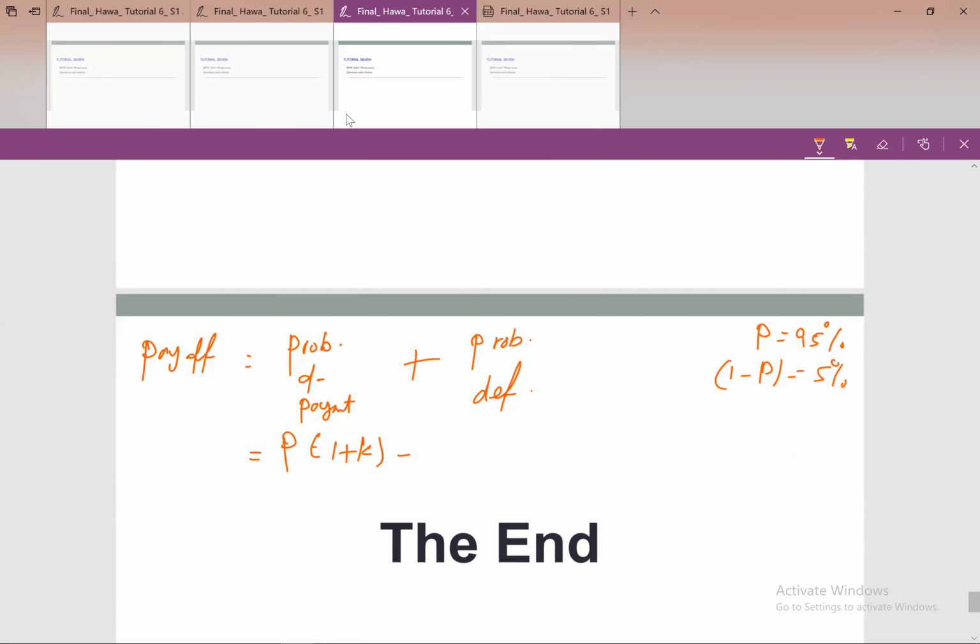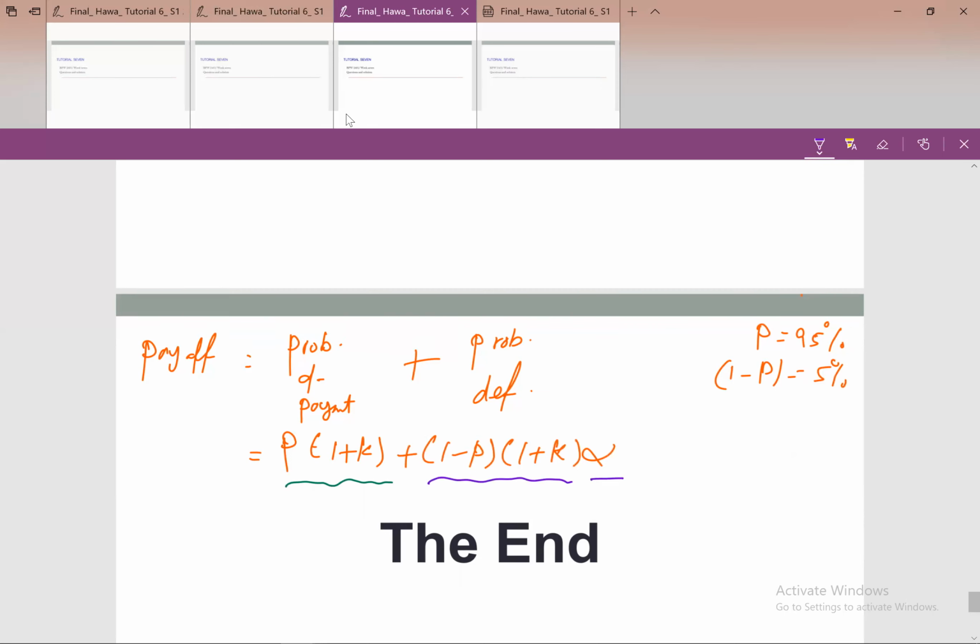So you have to bring the probability of defaulting times the 1 plus K, which is the same thing, times the collateral. So as you can see here, this is the probability of payment, this is the probability of defaulting, and this is the collateral.